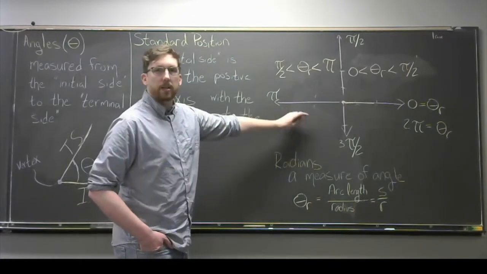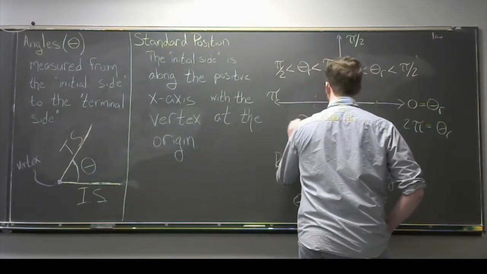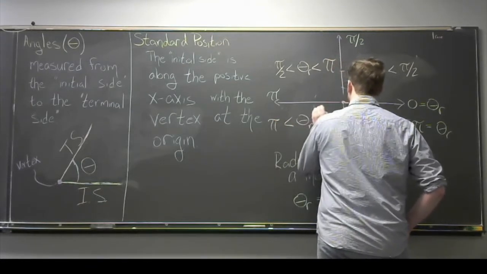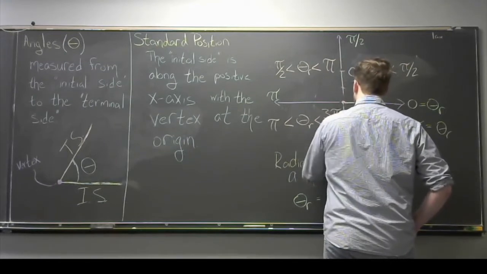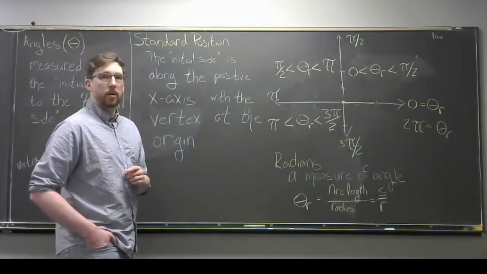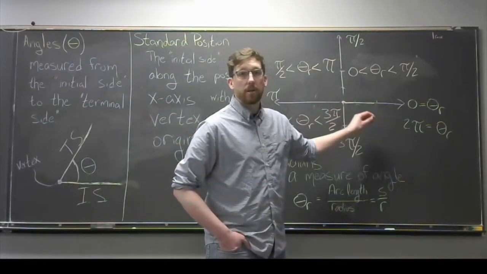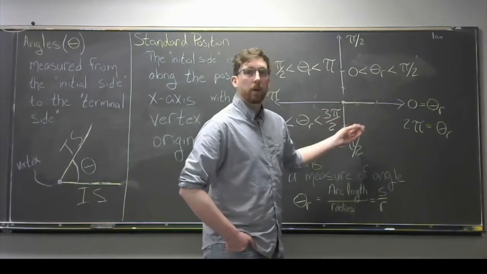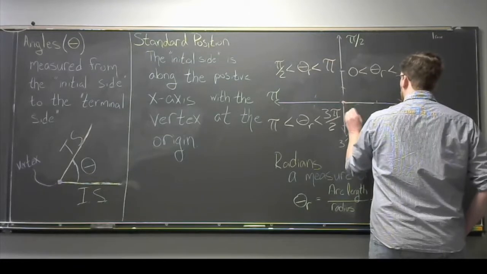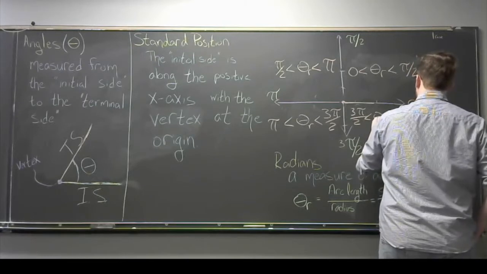If the terminal side is somewhere in our third quadrant, then the angle is going to be between pi and 3 pi over 2. And finally, if our terminal side ends up somewhere in the fourth quadrant, well, we know that the angle is going to be between 3 pi over 2 and 2 pi.